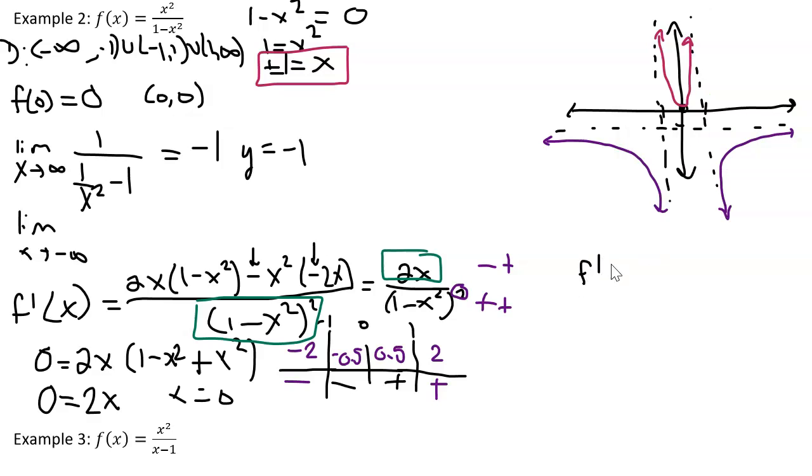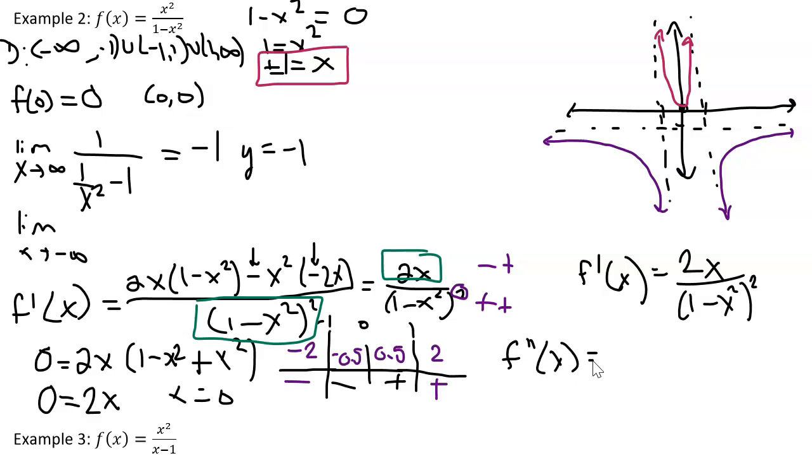If you remember, our first derivative, fully simplified, was 2x over 1 minus x squared, and then we're going to use the quotient rule. So we've got the derivative of our numerator times our denominator minus our numerator times the derivative of our denominator, utilizing the chain rule.